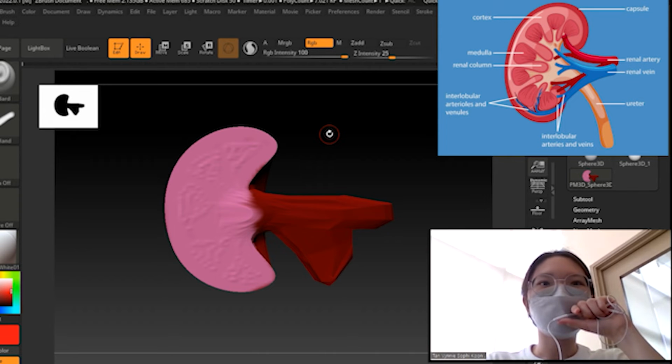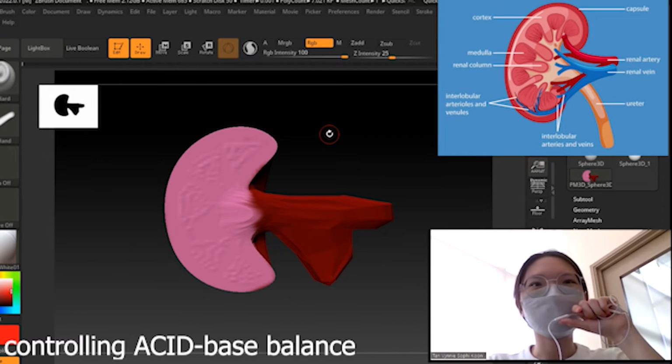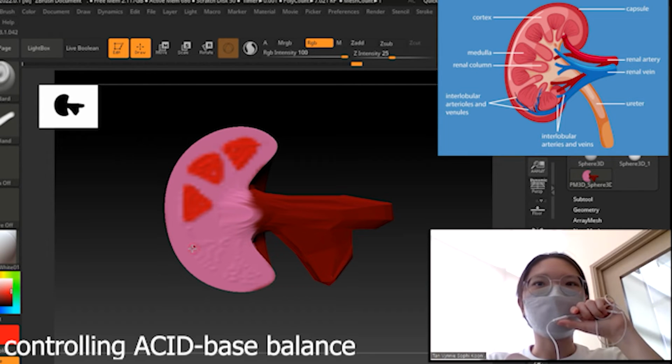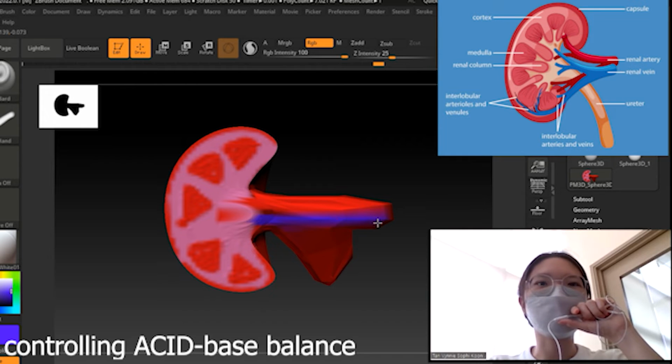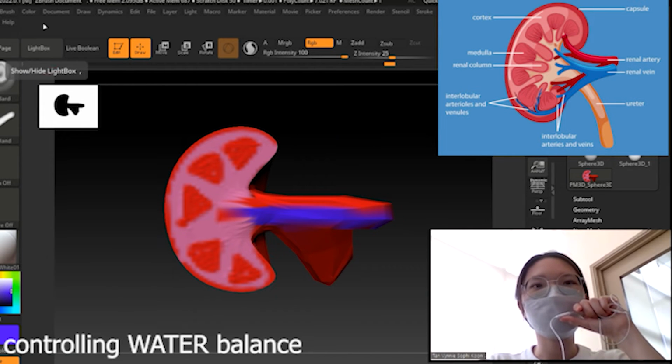A healthy kidney plays 7 different roles. The first one is controlling acid-base balance by excreting acids and bases when there is an excess of them, and retaining these compounds when the body is lacking them. The second one is controlling water balance.